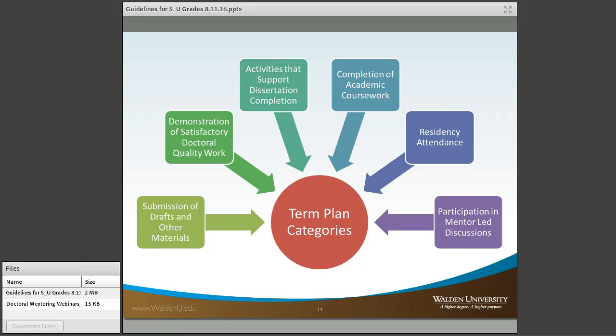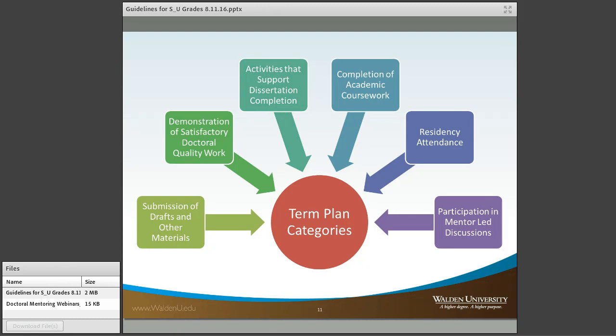Thank you, Deborah. So things that are covered within the term plan, areas where you want to be setting goals, are submission of drafts and other materials, so you can set some specific goals there. Demonstration of satisfactory doctoral quality work is important, and that might also be a specific aspect you want to include.